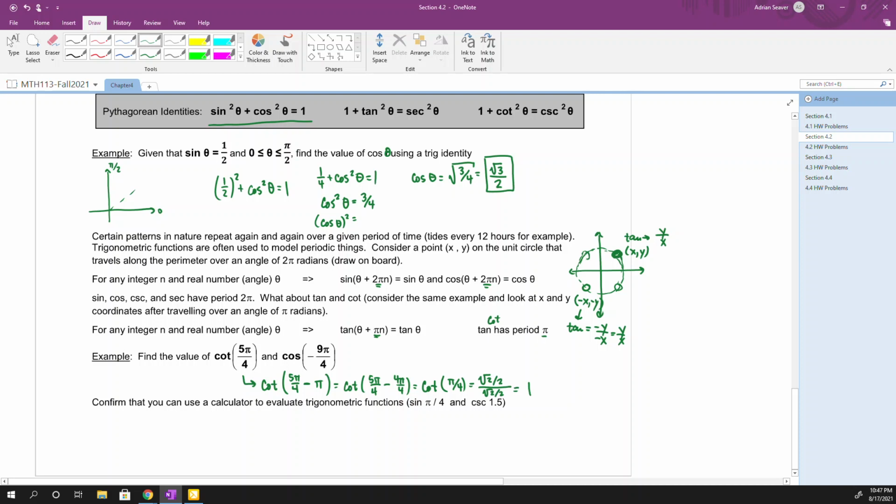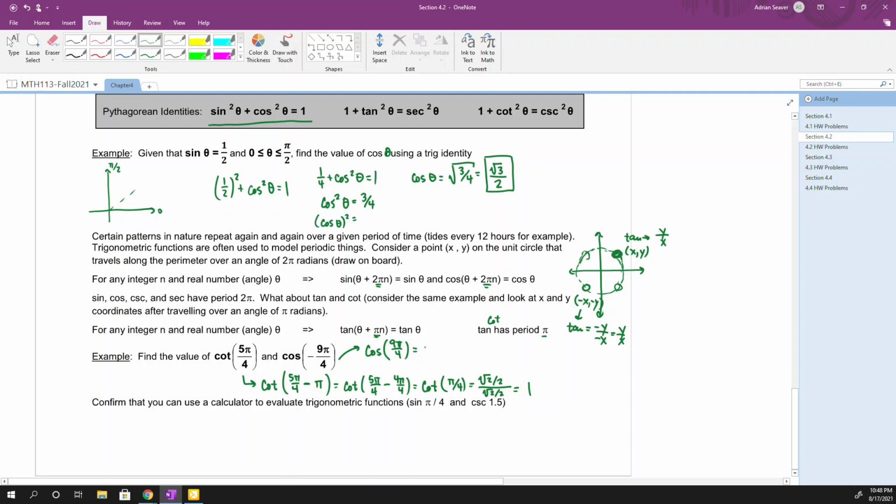So the cotangent of 5 pi over 4, we were able to evaluate that just using the fact that the period was pi. Cosine's kind of similar here. This is an even function, so this is going to be the same as the cosine of 9 pi over 4. Remember, we can change that from negative theta to positive theta or vice versa for even functions.